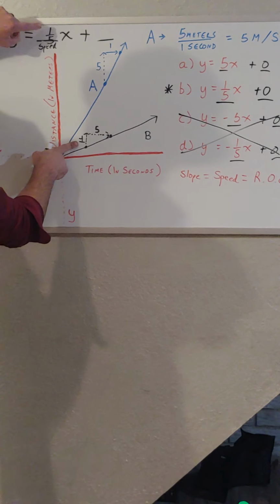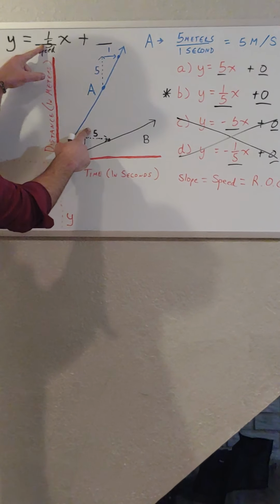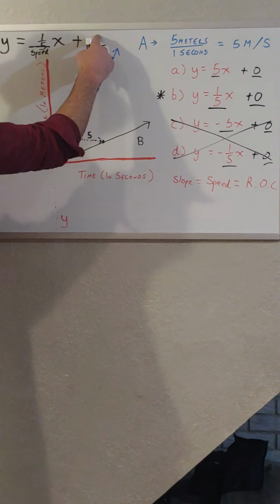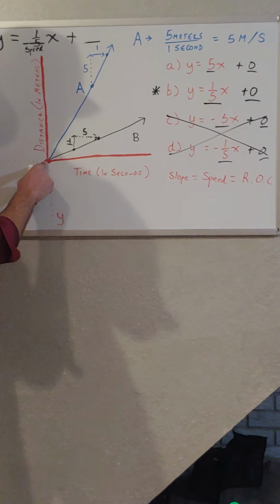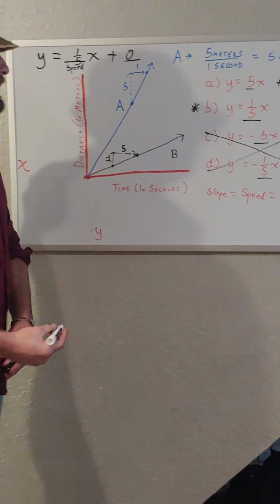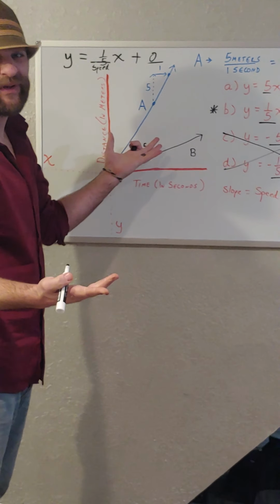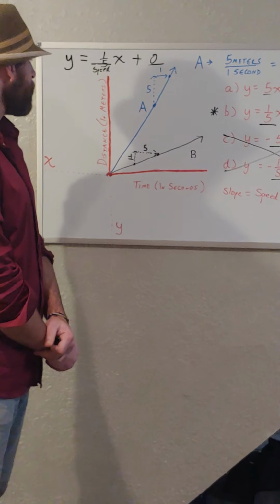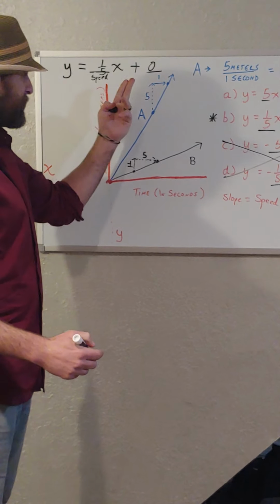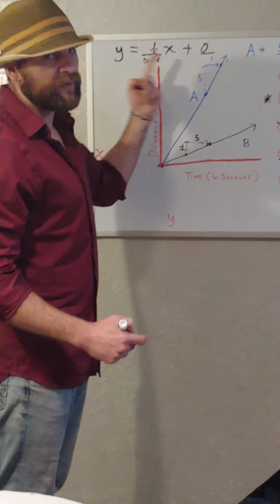Remember, the up and down goes on top, the left and right goes on the bottom. And wherever it crosses the y-axis, add 0. And your multiple choice just decided to leave the 0 off since 0 doesn't really hold any significance. So the answer in my example would be y equals 1/5 x plus 0, or y equals 1/5 x.